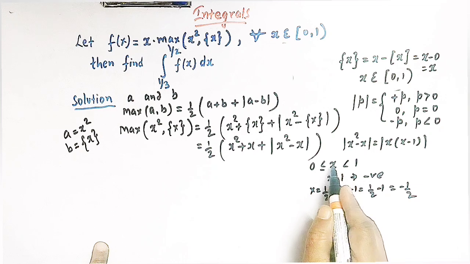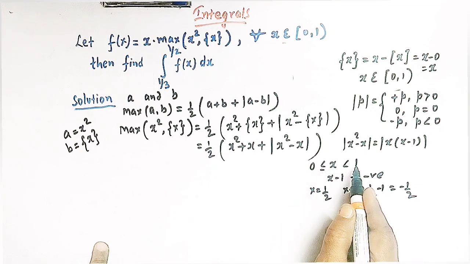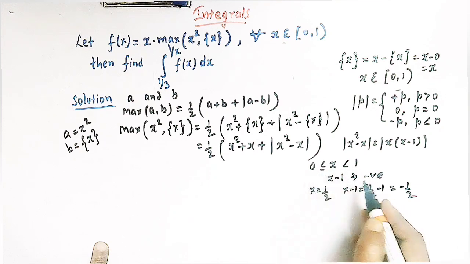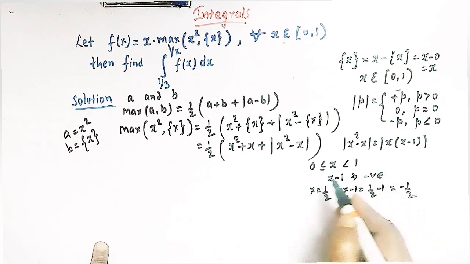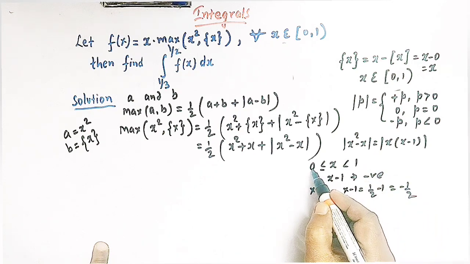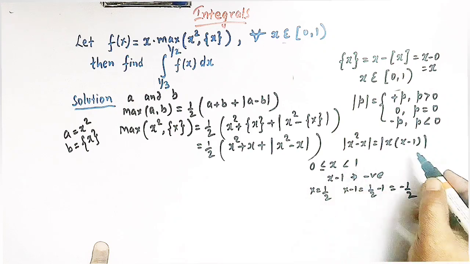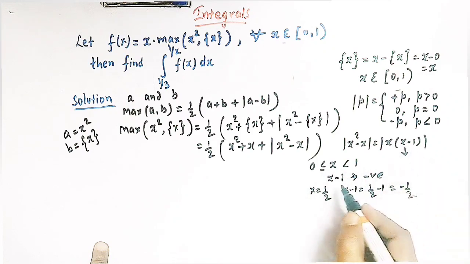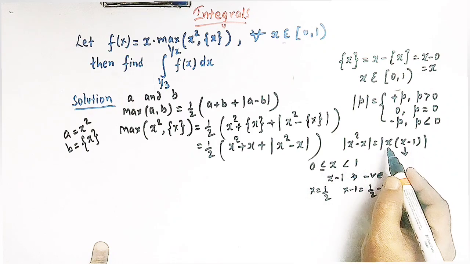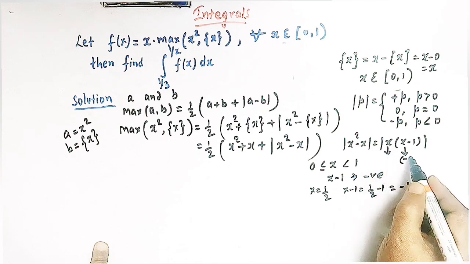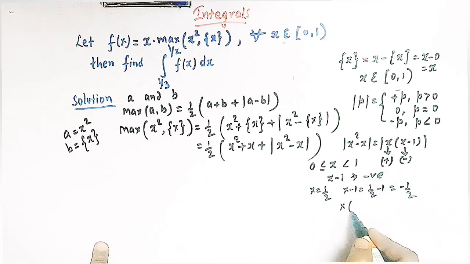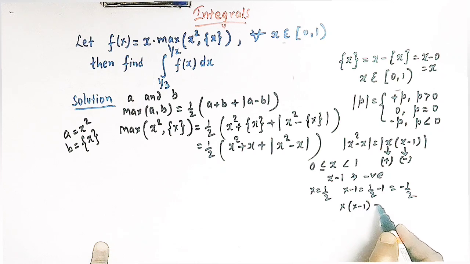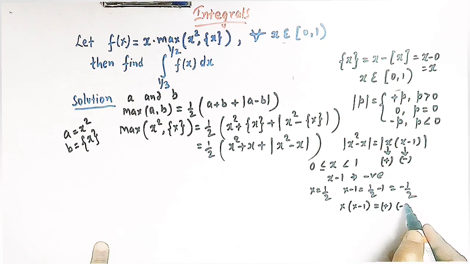So when x lies between 0 and 1, including 0, then x minus 1 is always going to be negative for all x belonging to this interval, right? So this quantity, that is x minus 1, is negative, and x is always a positive quantity, right? So the product x times x minus 1 is always going to be negative, right?